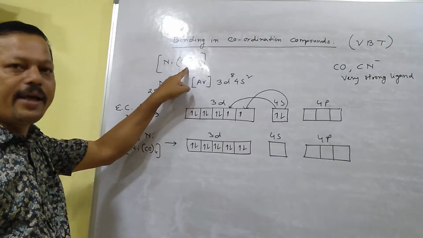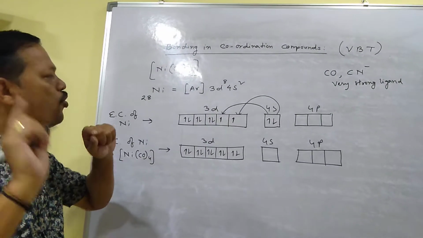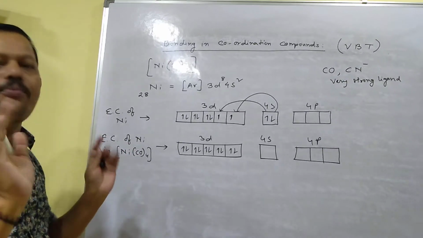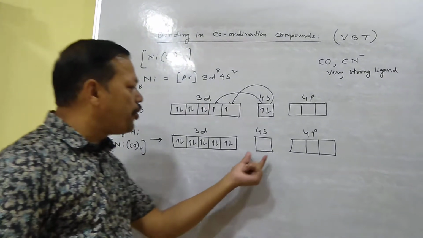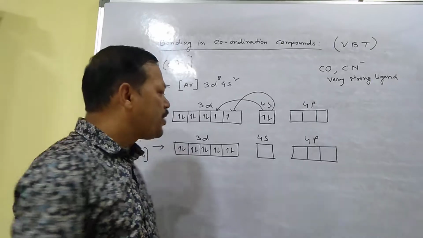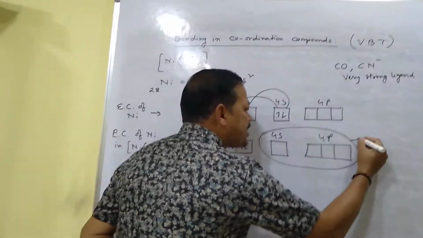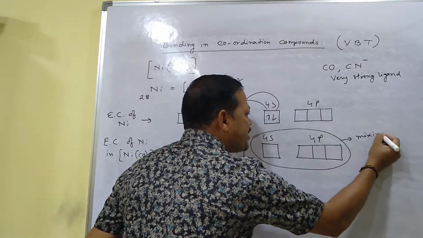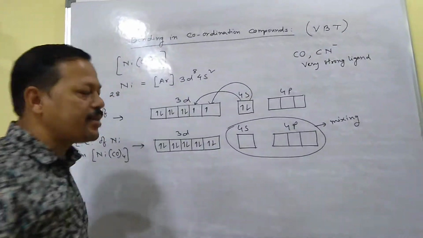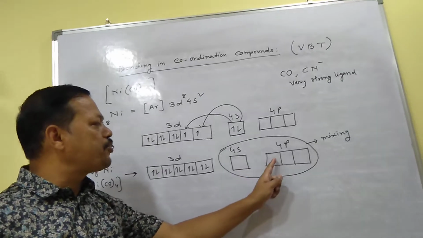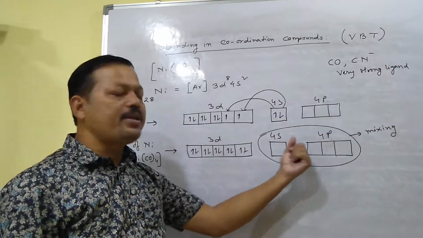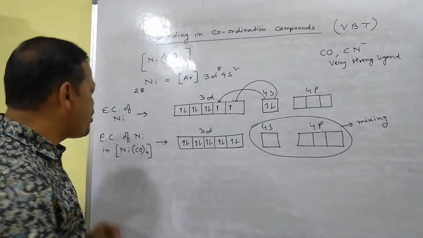Now 4s is vacant and 4p is vacant. Here we have 4 ligands, which will donate 4 pairs of electrons, so 4 vacant orbitals are required. Here 4 orbitals are available, and these 4 orbitals undergo mixing. This mixing of orbitals is called hybridization. Since one s orbital mixes with 3 p orbitals, this type of hybridization is called sp3 hybridization.